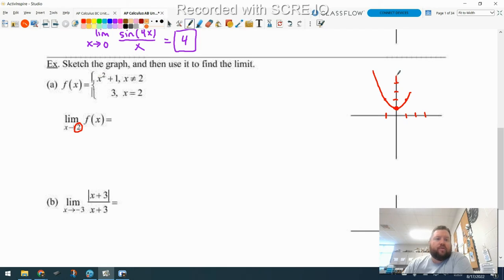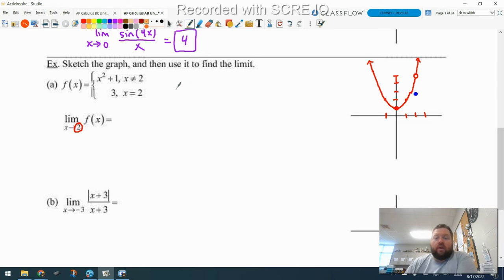So 2, 5 would be an open circle, and my function would pass right through that open circle like that. Now this piecewise function has redefined that point. That point is missing from the parabola because x is not allowed to be 2, and it is moved here. So when x is equal to 2, our point is at 3. So 2, 3, which is right there.